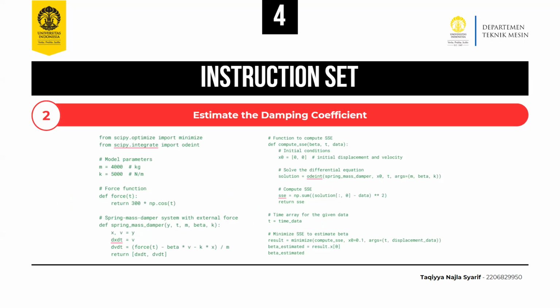Step 2 is to estimate the damping coefficient using the given data and the differential equation model. Estimate the damping coefficient beta by minimizing the sum of squared errors, or SSE, between the observed data and the model's prediction. Here, I use Python, and we're going to describe the estimated damping coefficient. Use the optimized value of beta to describe the estimated damping coefficient.